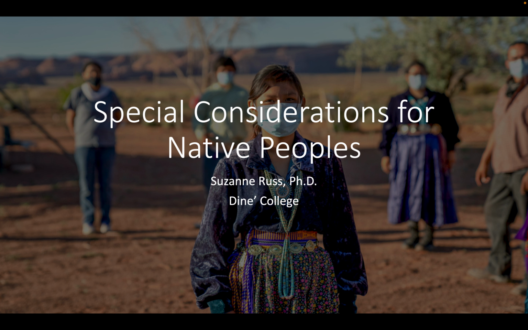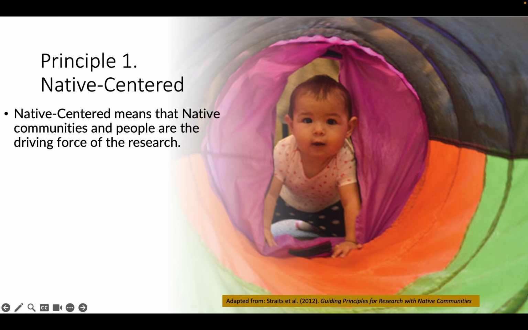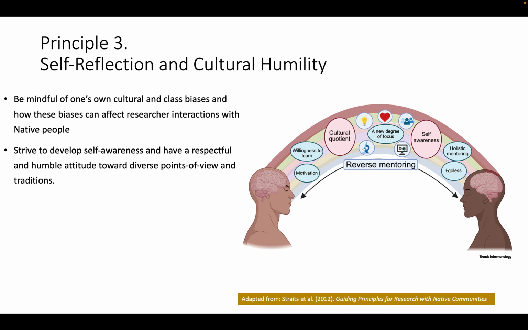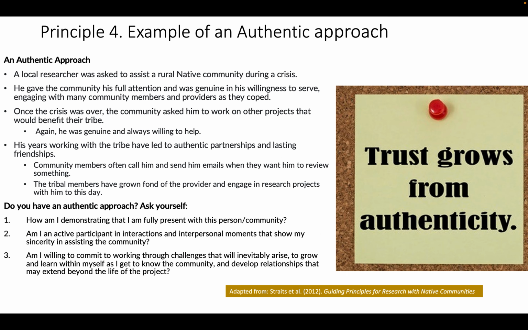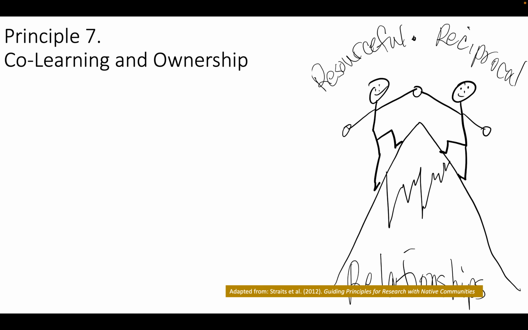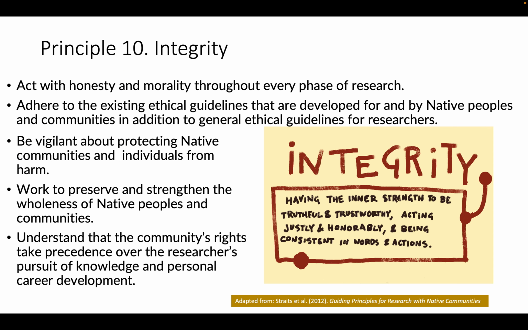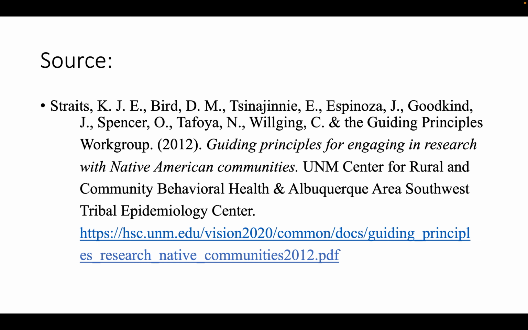Okay. All of the protections provided in the IRB process of non-native, wait a minute, let me see something. Okay. I changed some things. Yeah, I think this is the one I changed. Maybe. Wait a minute. Yeah, it's the one I changed.